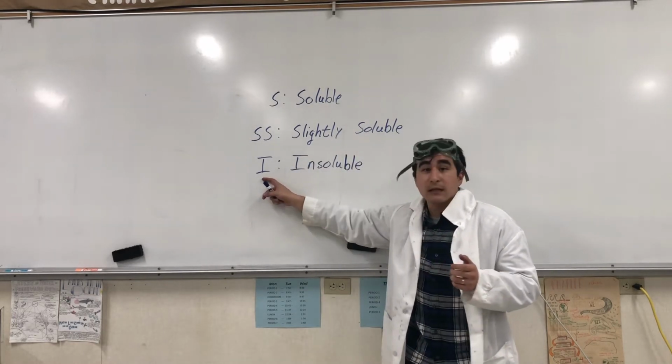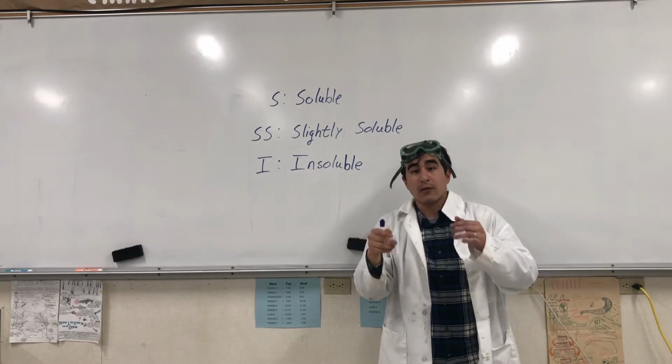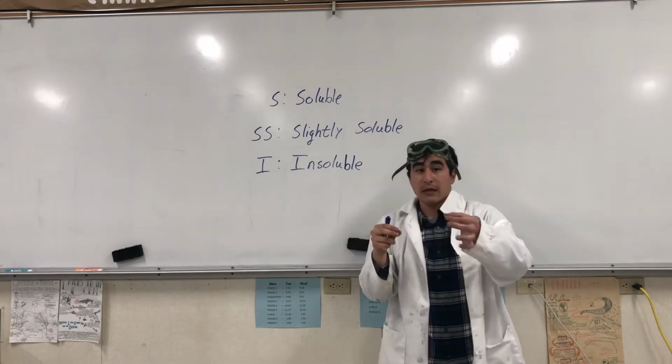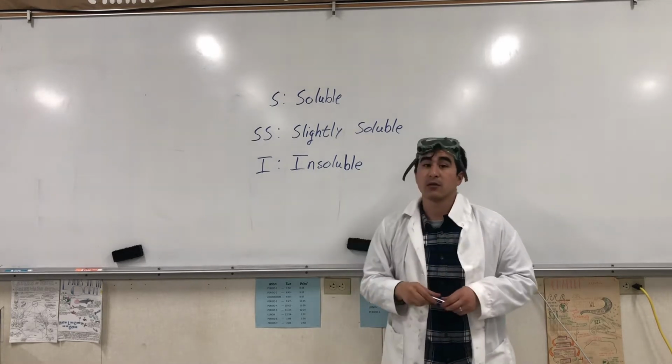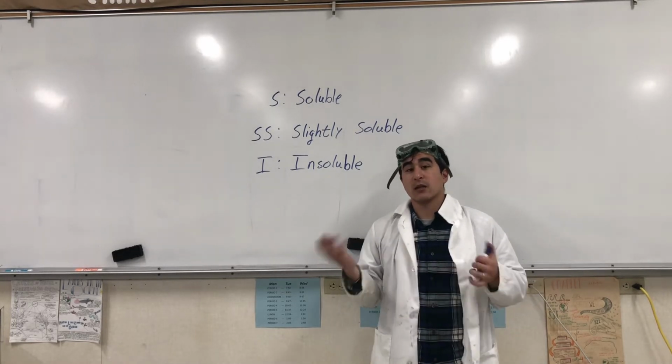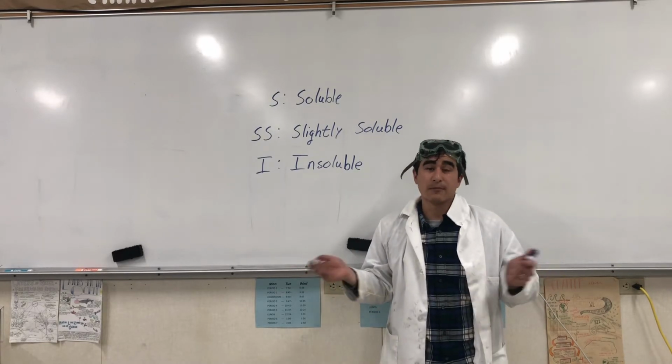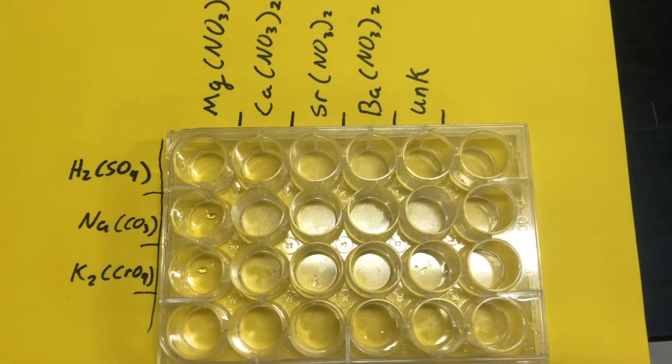And lastly, if once I mix the two together there's something that does not mix in, it is going to be labeled insoluble. Once again, insoluble just means doesn't mix together. Okay, so let's get started.